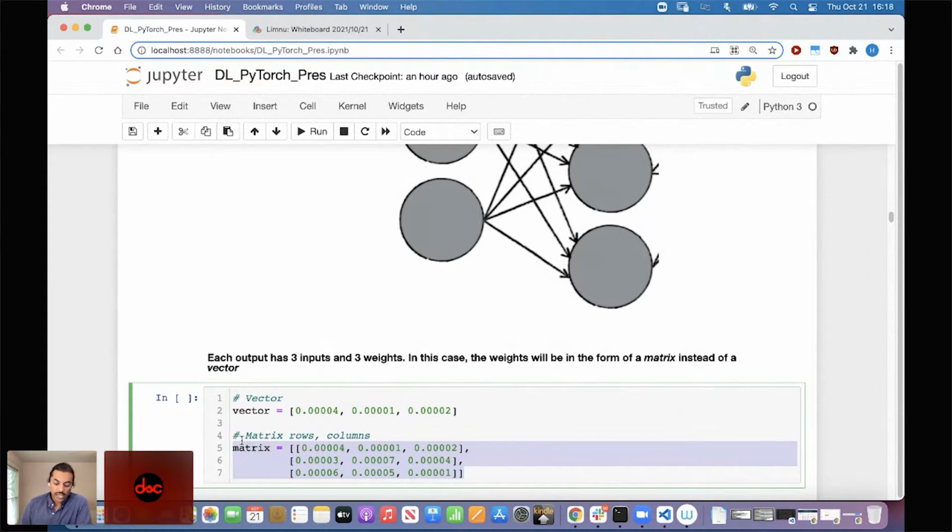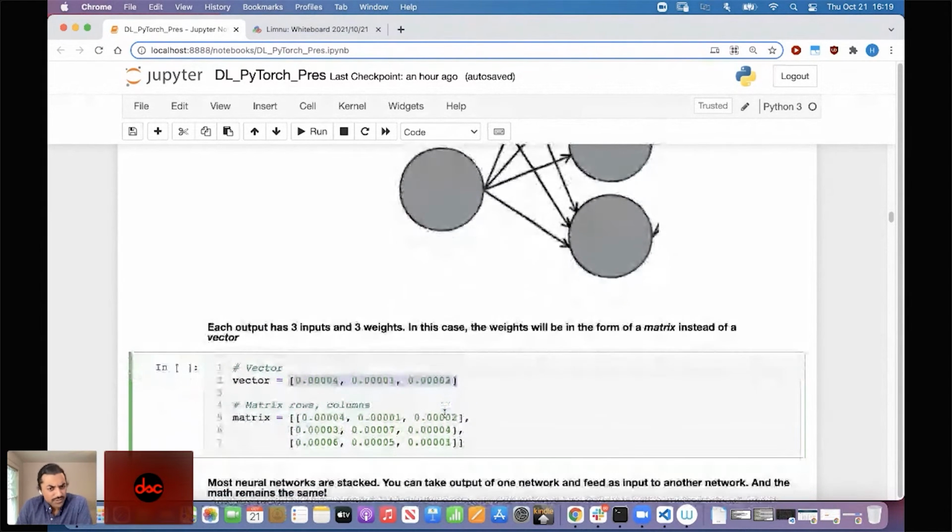A vector is one dimension, you can say a simple list. A matrix you can think of as a list of lists. And then you can go further. You can have three-dimensional, 4-dimensional, 5, 6, as many dimensions as your data allows, or as many dimensions as you need. Is this making sense so far?